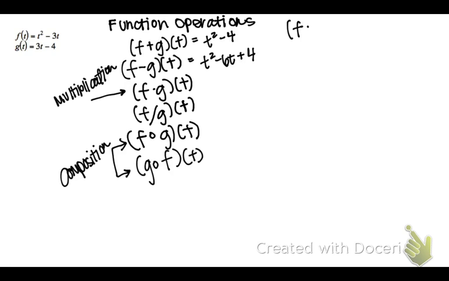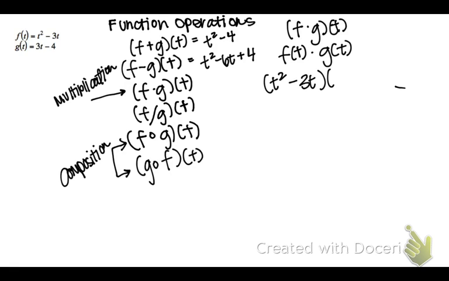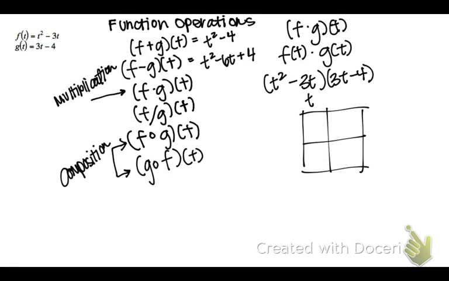So if we have f times g of t, that's going to be f of t times g of t, where f of t is t squared minus 3t, and g of t is 3t minus 4. You can either use distribution, or I'm just going to use the box here. So we have t squared minus 3t and 3t minus 4.